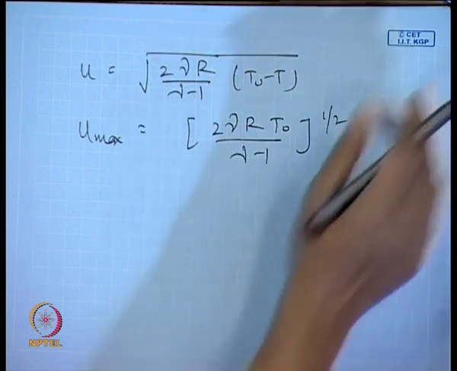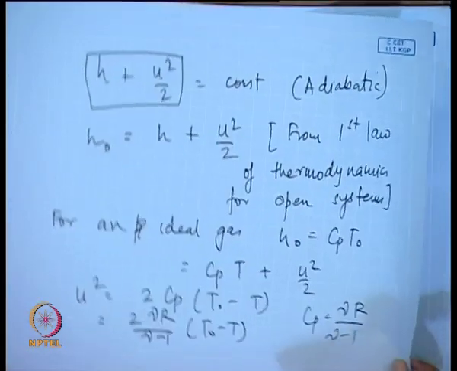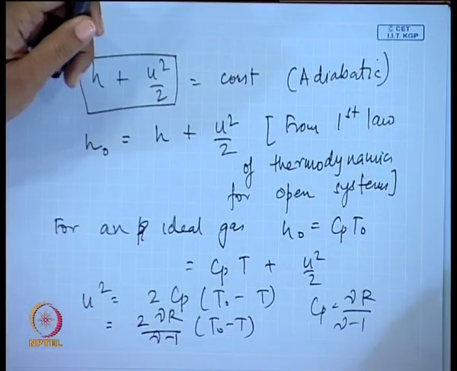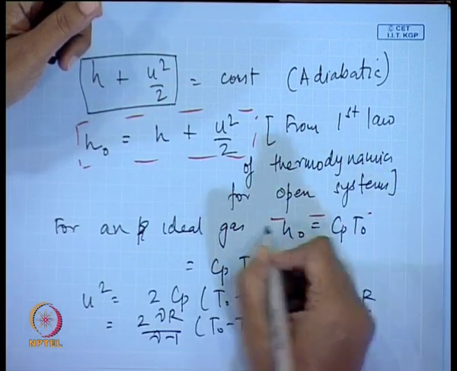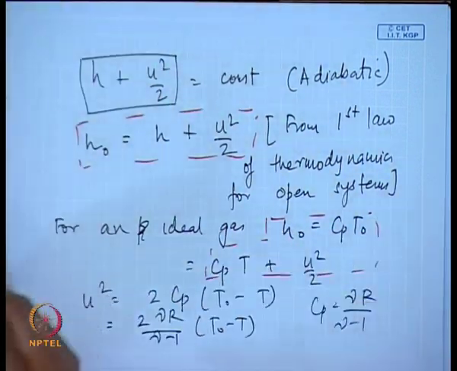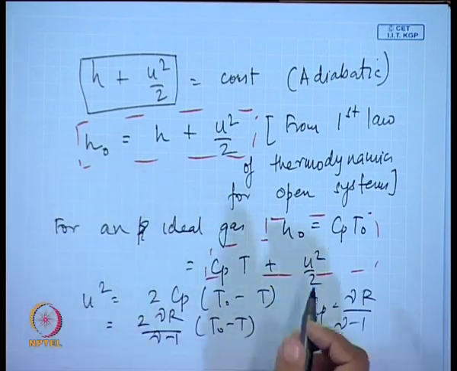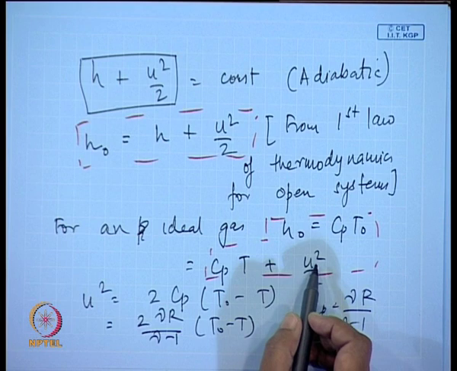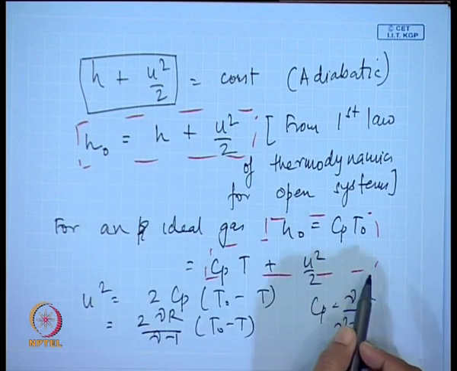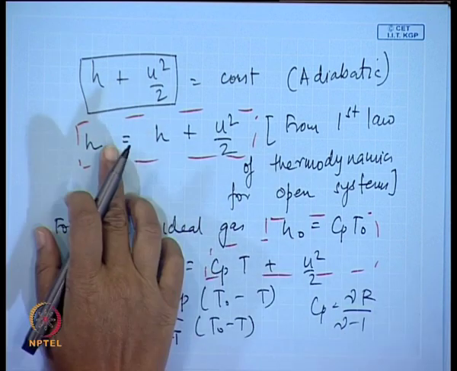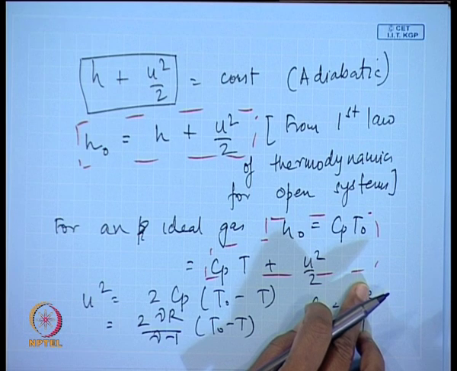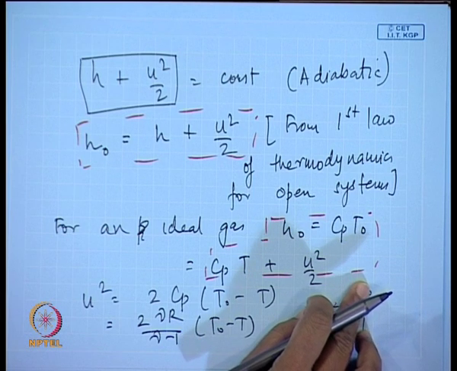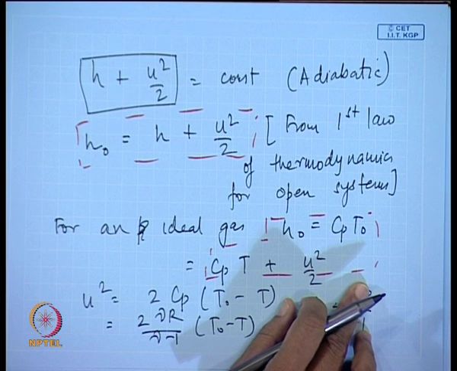So from this particular equation, and from this equation, what do we deduce? From these two equations, we deduce that the total enthalpy and T0 are conserved if the process is adiabatic. Remember, for these two equations, we did not put any condition of reversibility. So for any adiabatic process, the total enthalpy and the stagnation temperature T0 are conserved.